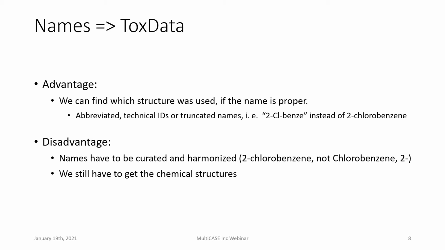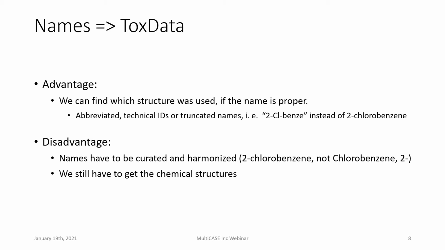It doesn't mean much. Or the name is simply truncated. For historical reasons, many people don't like or cannot put in long names. So, for example, they would truncate 2-chlorobenzene into 2-CL benze. If I perform some form of automated search using this 2-CL benze, I will not find anything. So these names need to be curated. And that is a disadvantage.